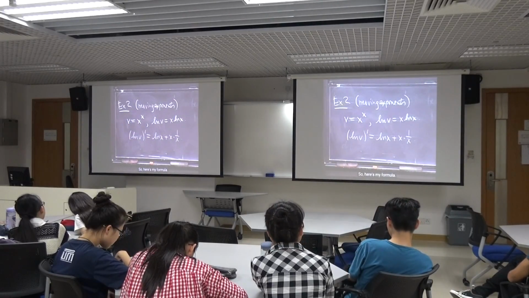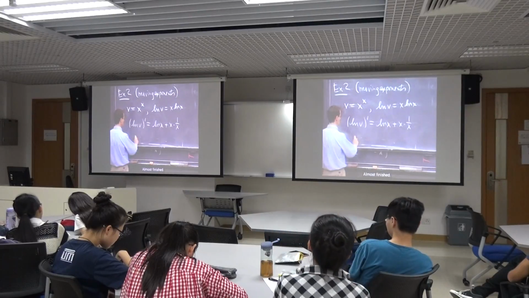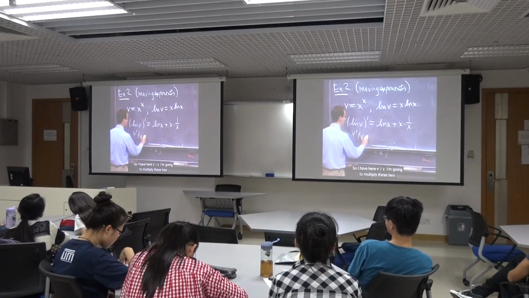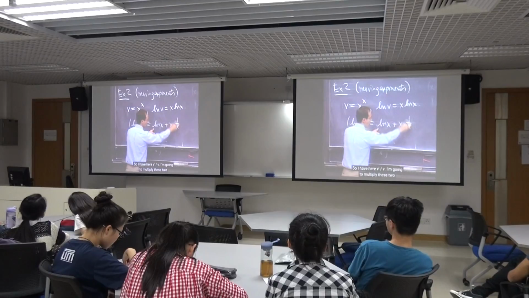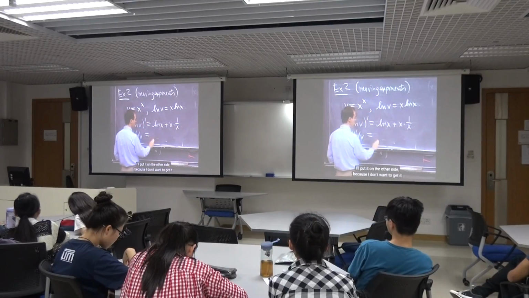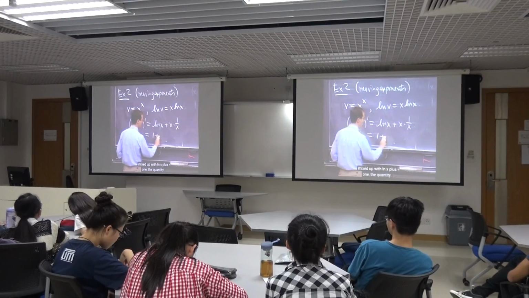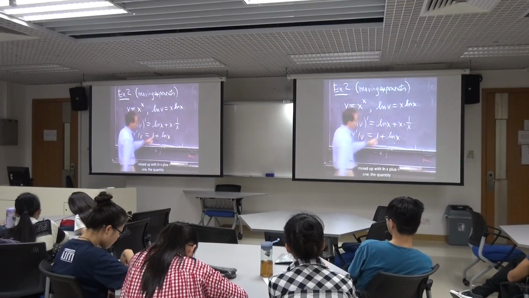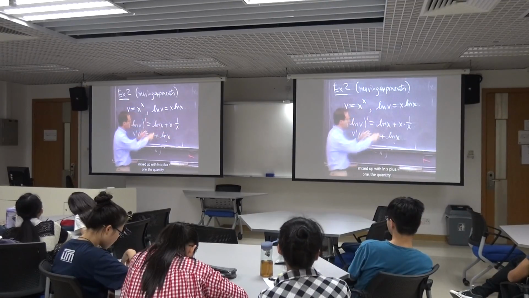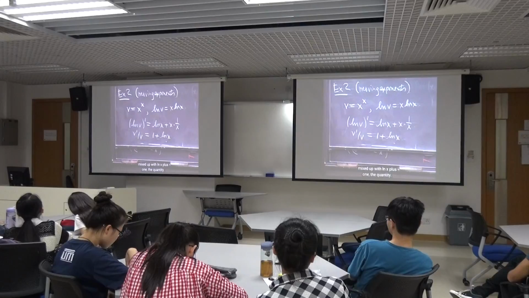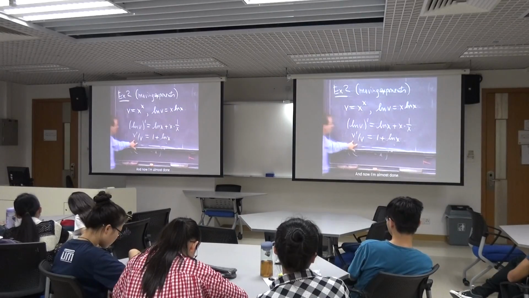So here's my formula, almost finished. So I have here v prime over v is equal to, now I'm going to multiply these two things together, I'll put it on the other side because I don't want to get it mixed up with log x plus 1, the quantity. All right? And now I'm almost done.